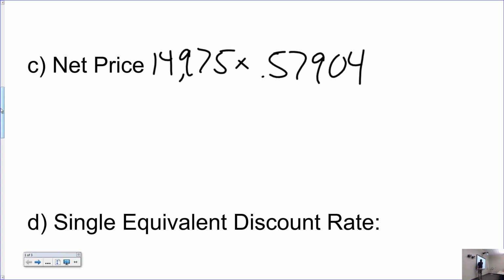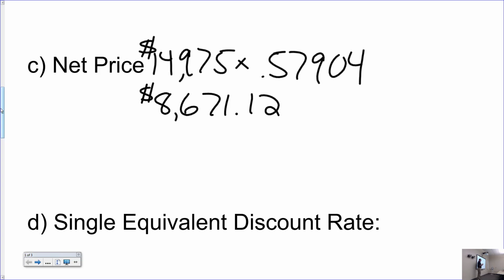This 14,975 has a dollar sign on it. So, what's our net price? 8,671.12. It was 124, yeah, so round down then in that case. All right, so net price, $8,671.12.